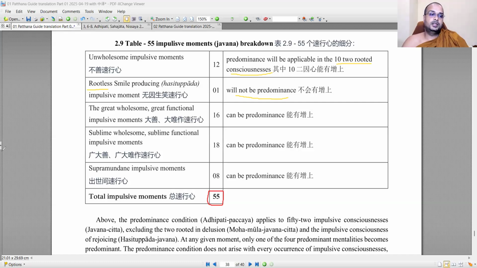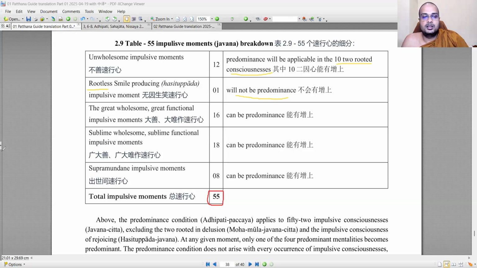Right. So another thing that we need to know here is that in the case of some other paccayas, such as the root condition, the jhana condition, and the magga condition, there is a multitude of conditioning states, right? It means that in the case of roots, when the root condition is applicable, except for the rootless and the consciousness associated with delusion, in the other rooted consciousness there are at least two roots functioning as conditioning states.